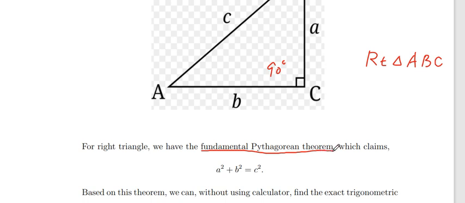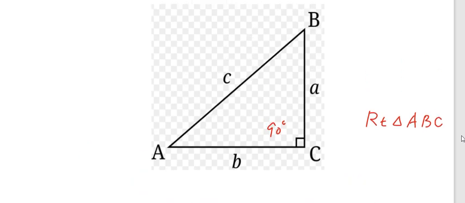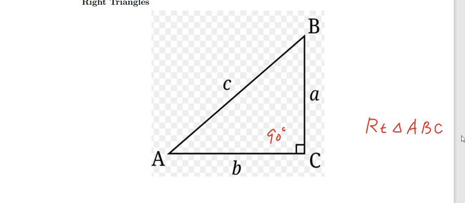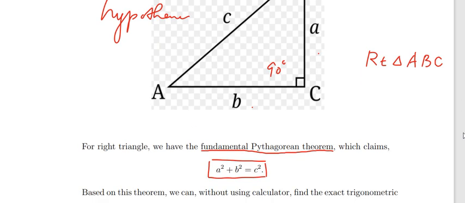This theorem says a squared plus b squared equals c squared. Here c is the longest side, which we call the hypotenuse, and the other sides are called legs.